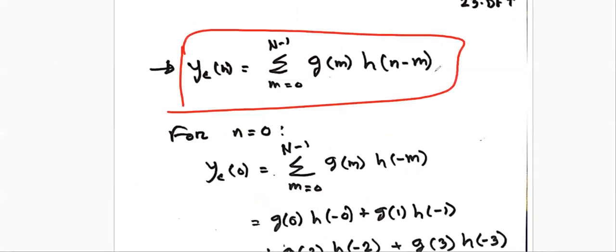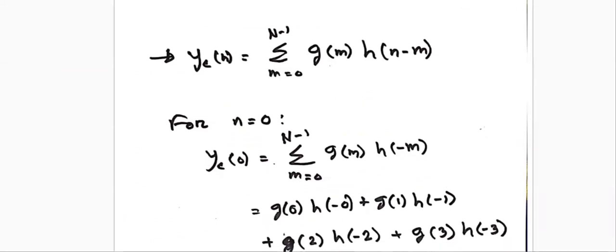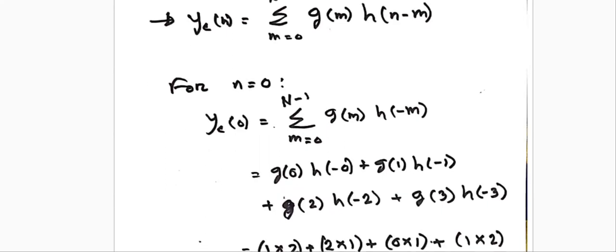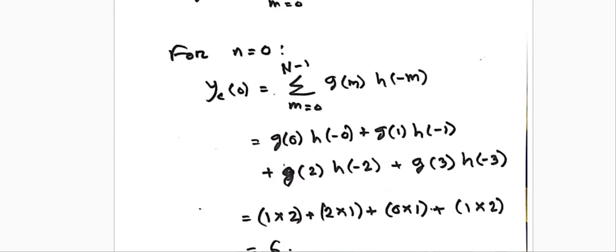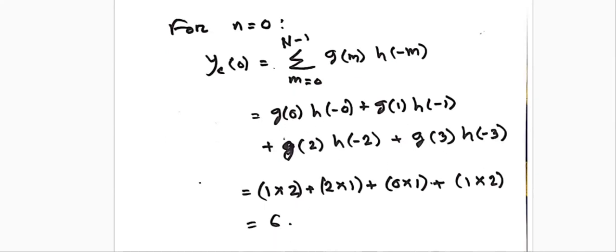Pardon me, there should be a capital N to make us understand this is our circular convolution. The detailed calculation has been given here for n equals to 0. This is the equation. Now put the value of m for each and every point, and then we can find that.